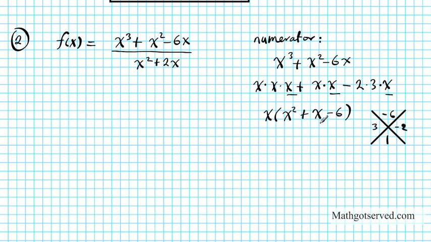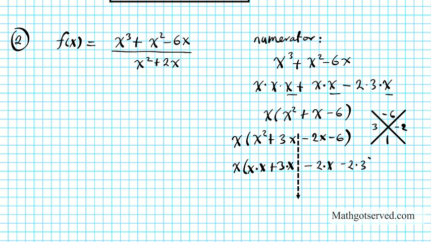That goes into the center, so we have x times x squared plus 3x minus 2x minus 6. So now we're going to partition it down the middle and factor each group. This x on the exterior stays there. We're just focusing our attention on factoring the inner quantity. So we're going to have x times x plus 3 times x minus 2 times x minus 2 times 3. And then we close down.